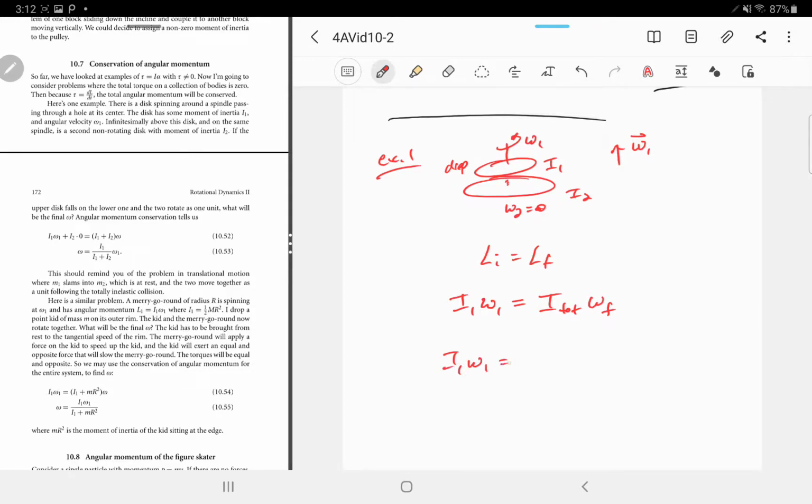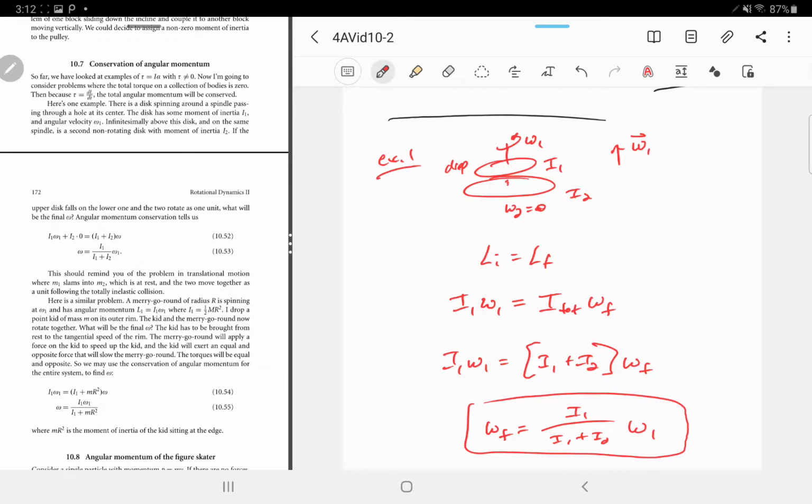So this is I1 plus I2 times omega f, and solving for omega f, omega f is I1 over I1 plus I2 times omega 1. Okay, very similar to a linear momentum sticky collision problem. So this is also a sticky collision, but the rotational version.